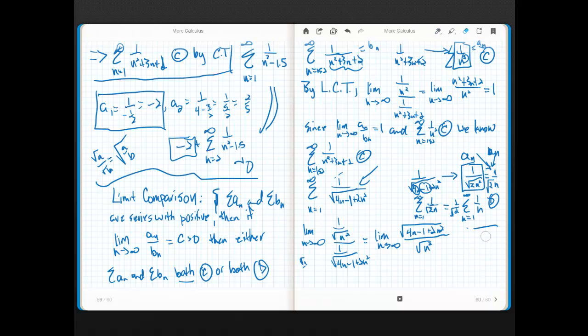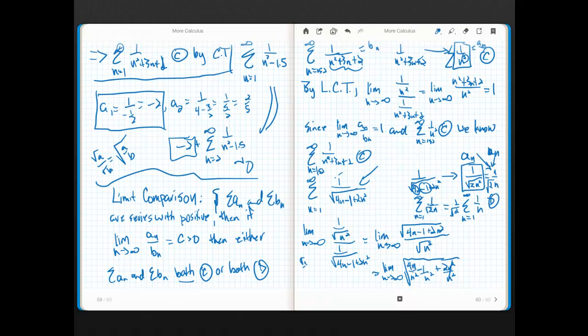Let me rewrite this because I don't want to get you guys too screwed up here. This equals the limit as n goes to infinity of the big square root of 4n over n squared minus 1 over n squared plus 2n squared over n squared, right? Well, clearly, those cancel, and I end up with 2 right there.